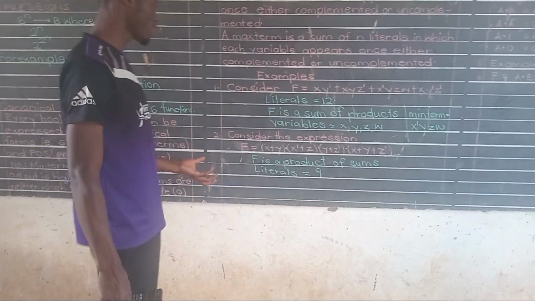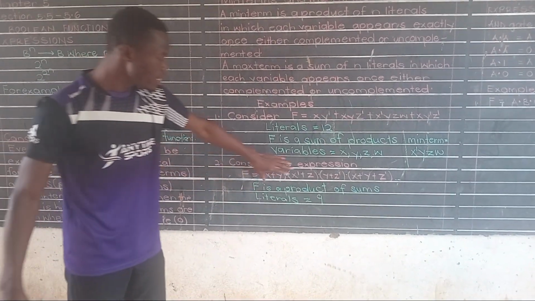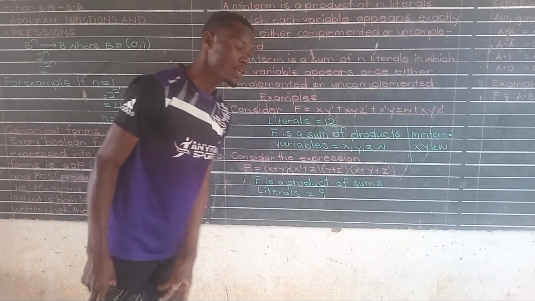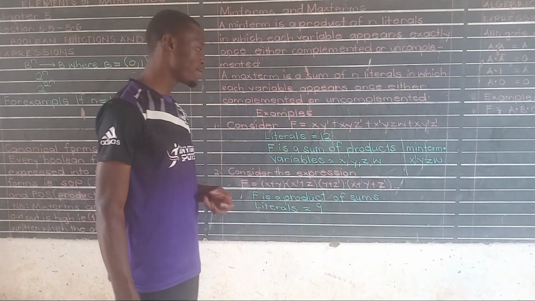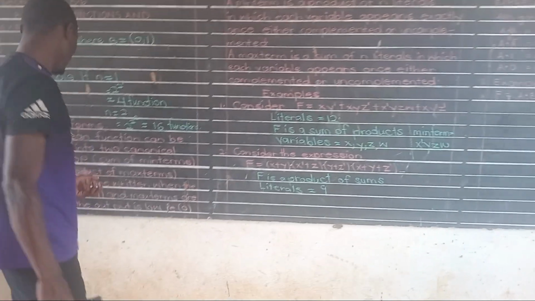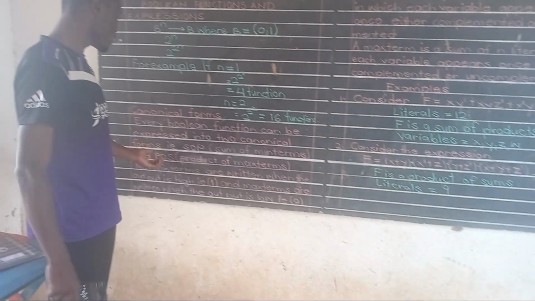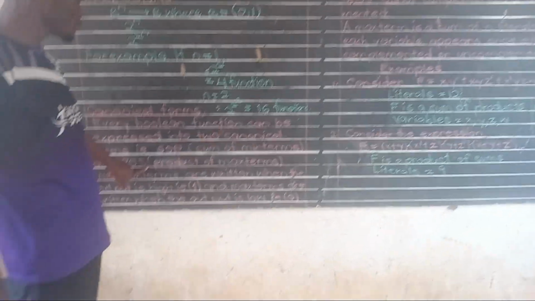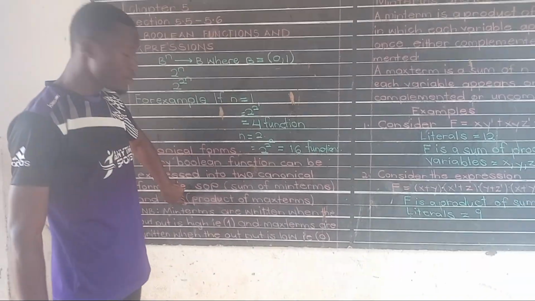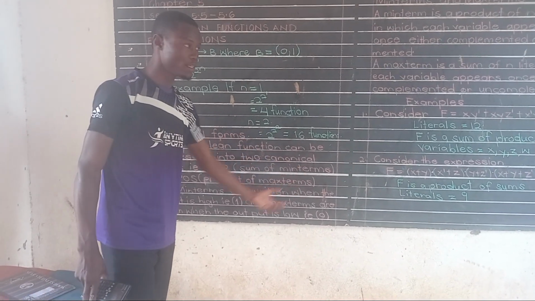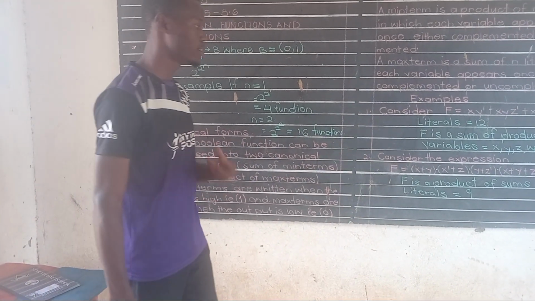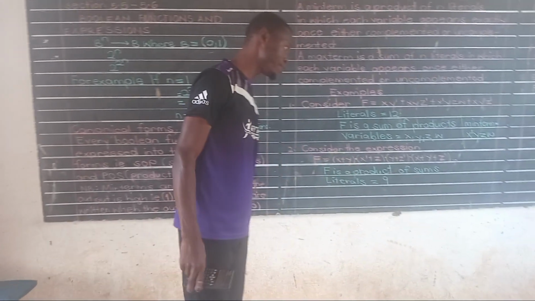What else can I get? Remember, this being a product of sums, I can get the max term. Here we say that if it is a product of sums, you can refer to it as a product of max terms. That's why I'm saying that I can get a max term from this problem.